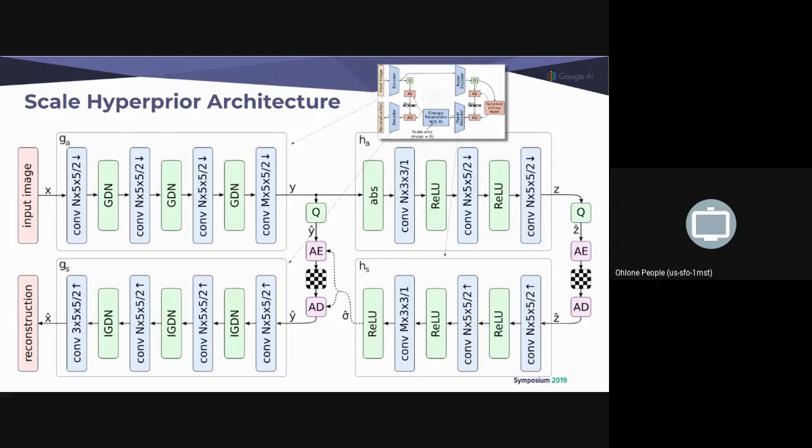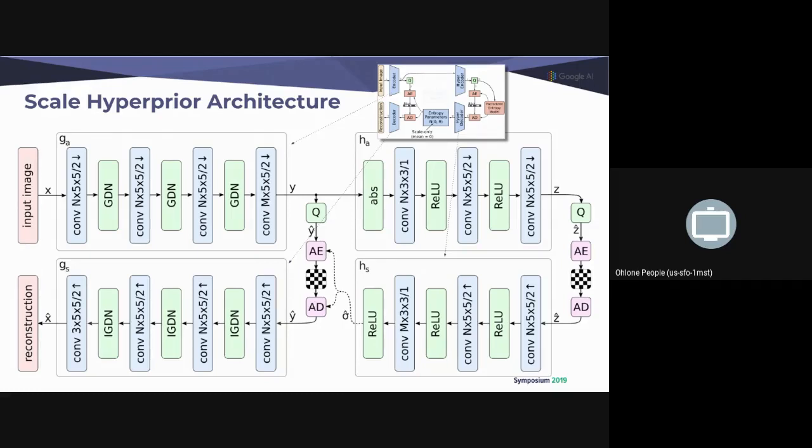So again, we go to a quantizer here, and now when we go up, we need to increase resolution. So what we're doing is we're using something called up convolution, sometimes misleadingly called deconvolution, or a fractional strided convolution. You choose how to call it. It basically is the opposite of convolution.